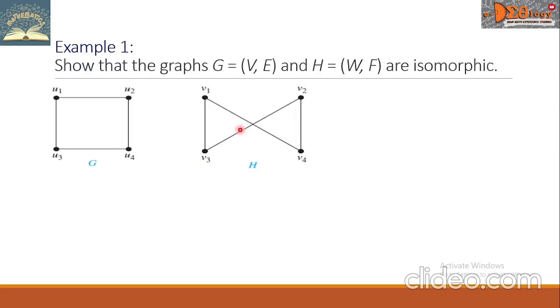Example 1. Show that the graph G = (V, E) and the graph H = (W, F) are isomorphic.